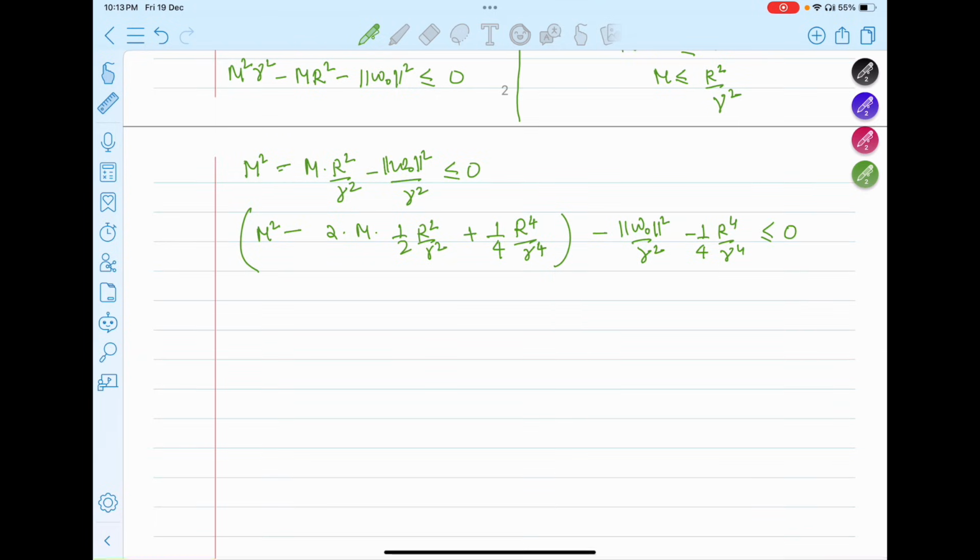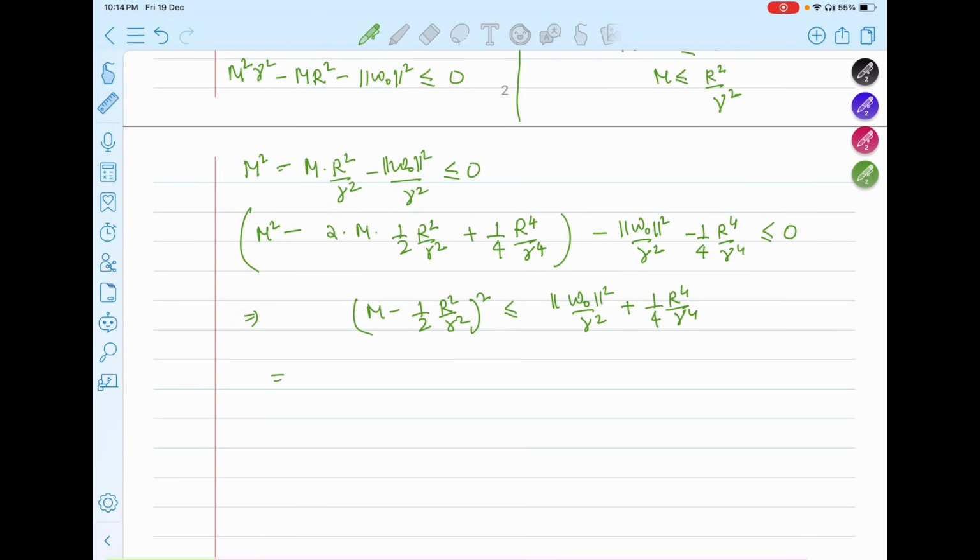So now, what does this mean? This means M minus 1 by 2 R square by gamma square, a whole square, is less than or equal to W_0 norm square by gamma square plus, because it will come to the right hand side, plus 1 by 4 R to the power 4 by gamma to the power 4.